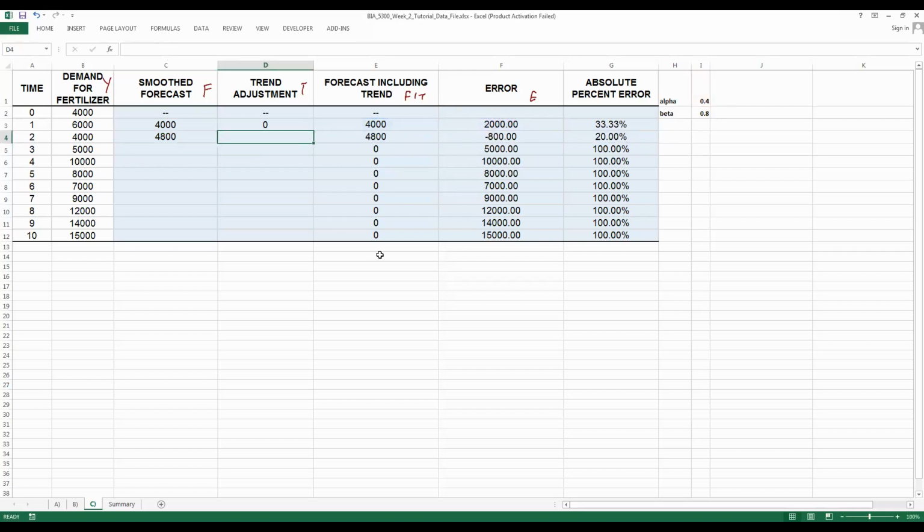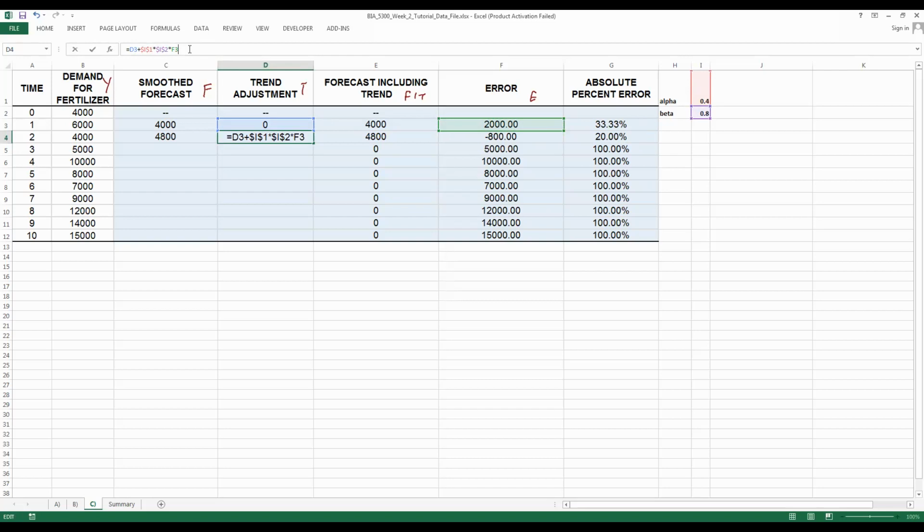And then my new trend adjustment is going to be the old trend adjustment plus alpha times beta times the previous error. And oops, the alpha and the beta should both be static. Right?